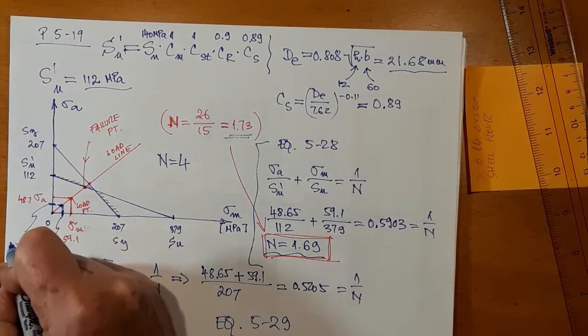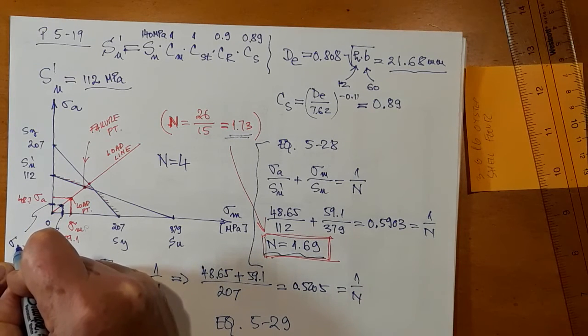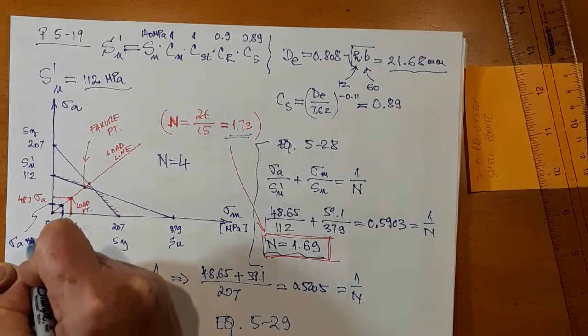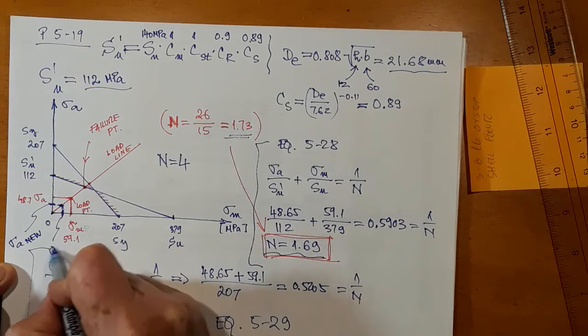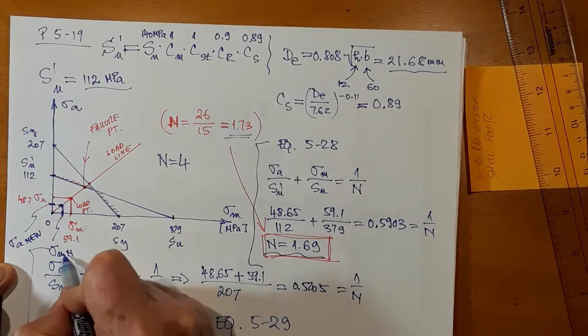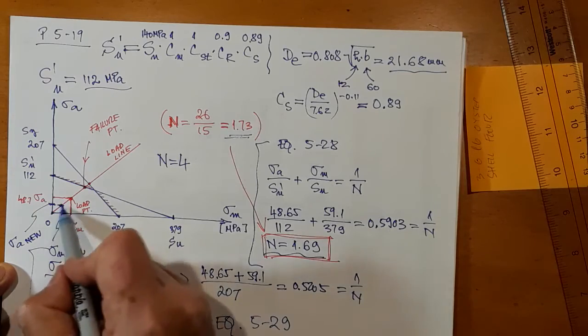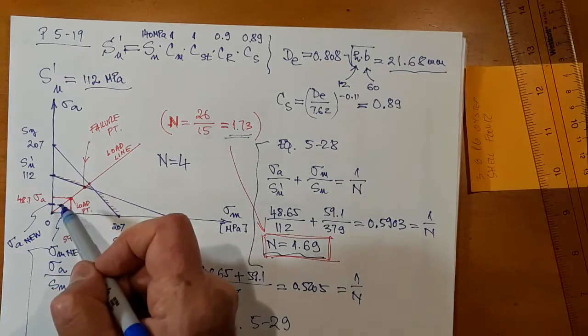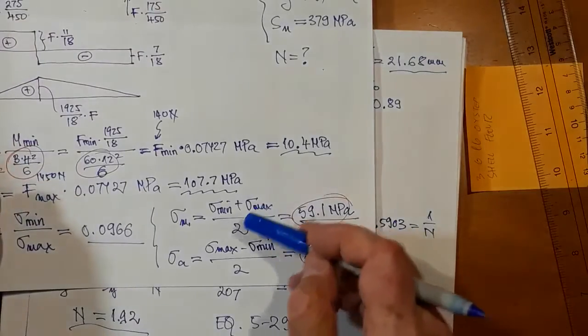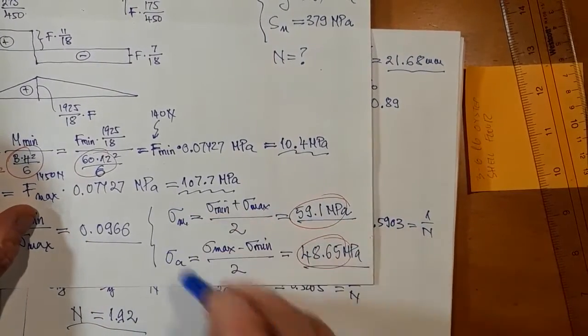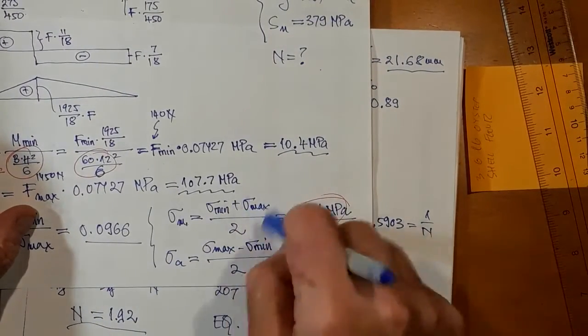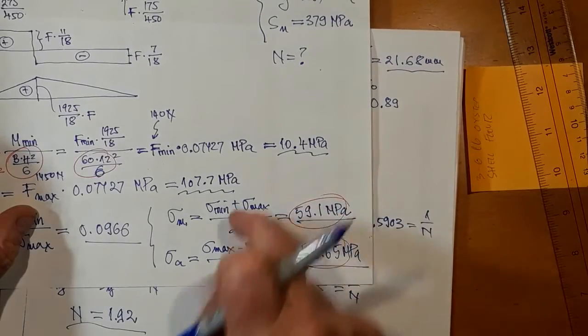You know the mean and the alternating, so you can solve for minimum and maximum from these two equations.